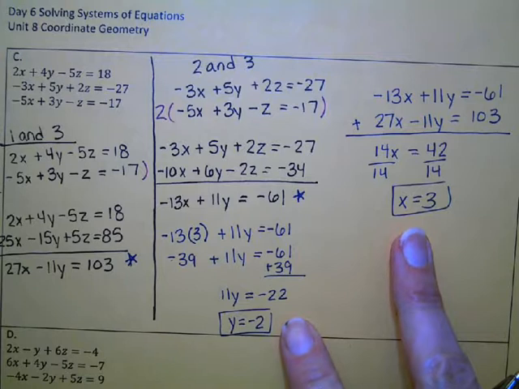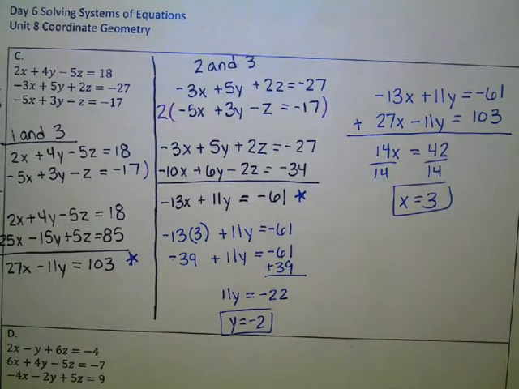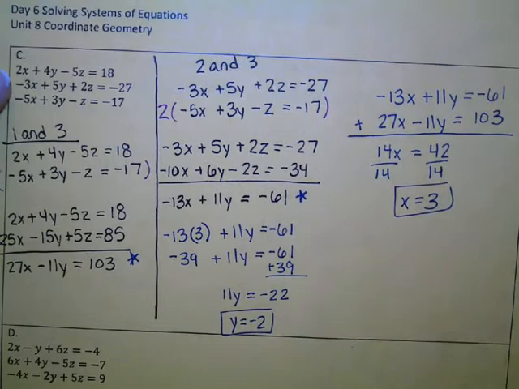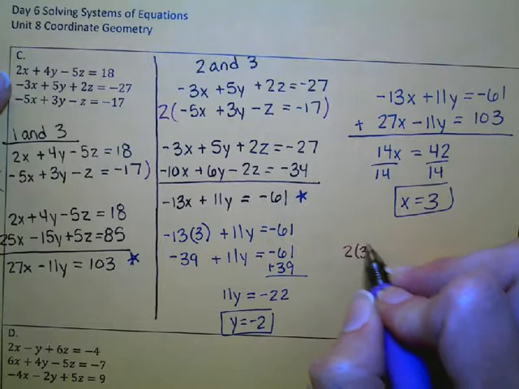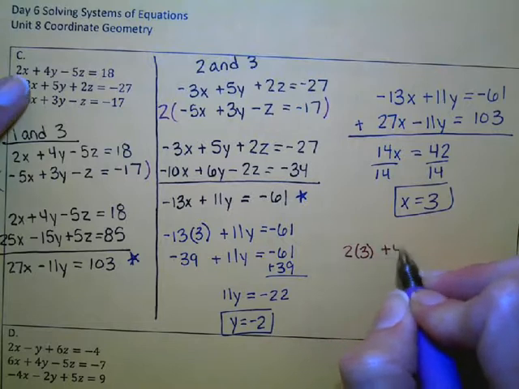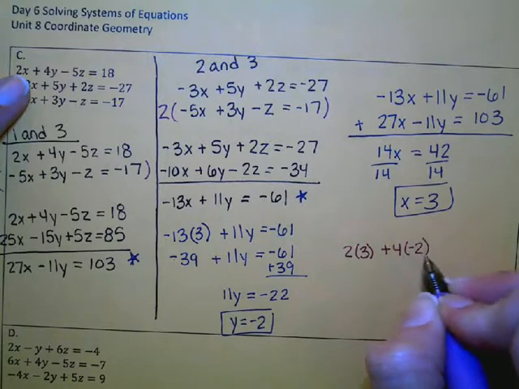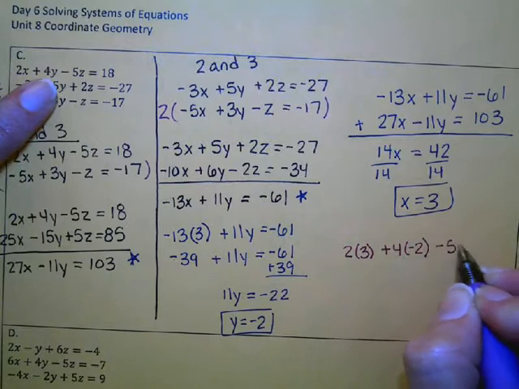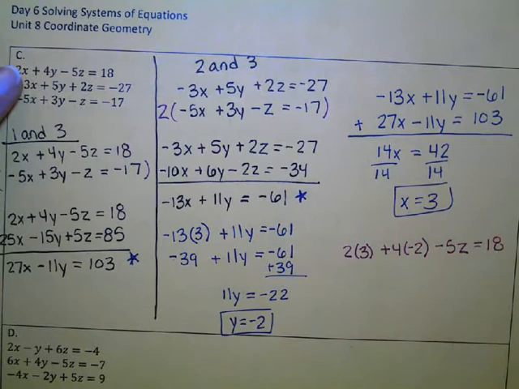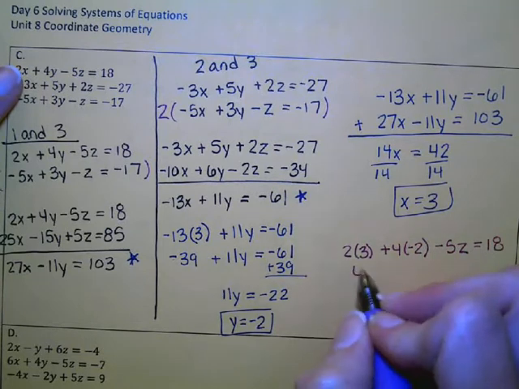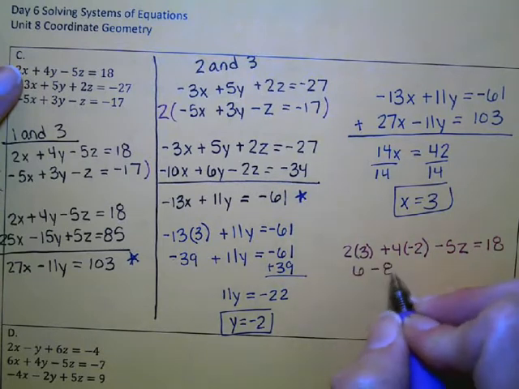Now we need to plug these two into one of the original problems to find the missing letter. It really doesn't matter which one you choose. If I just do the top one, 2 times 3 plus 4 times negative 2 minus 5z equals 18. So you're plugging your two answers into the problem.